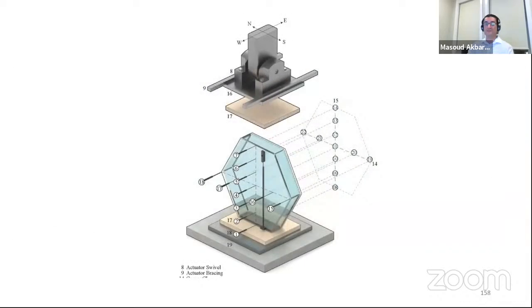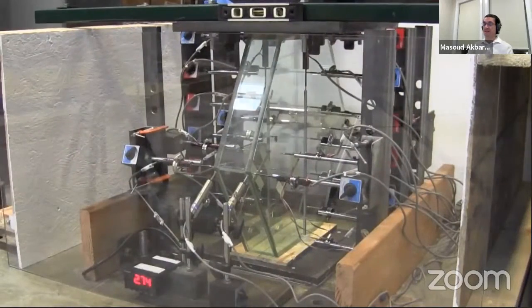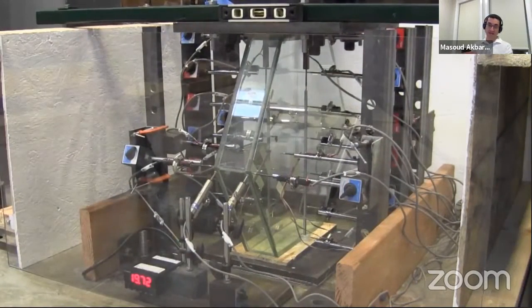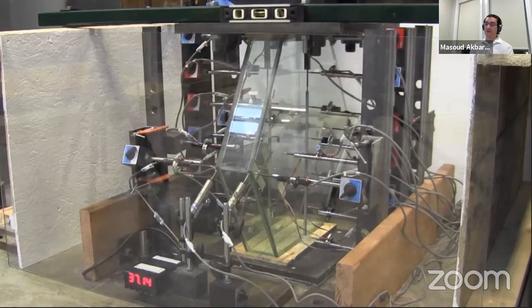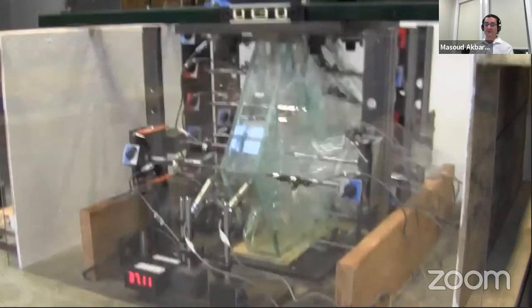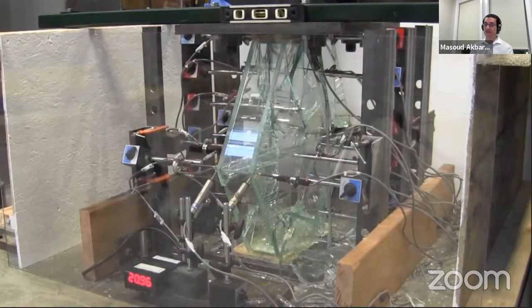We are currently conducting lots of load tests to understand the mechanical behavior of a single construction module. This load test has been done at Villanova University. You can see clearly from the movies, and that number is in kips. The glass module made of 1 centimeter thin glass could take around 37 kips of load, 37,000 pounds.